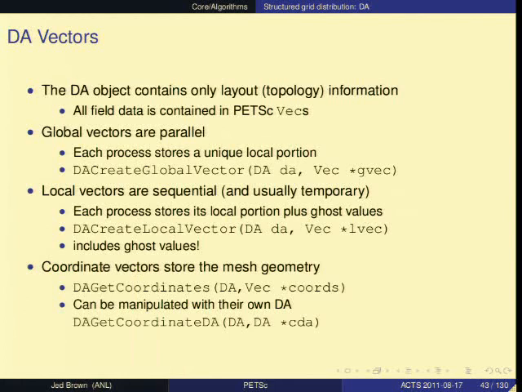So the DA really only contains this topological information and perhaps coordinates. It doesn't really have a discretization in it. And so it's just to manage the communication for you. You by no means have to use the DA, but if you have a structured grid problem, it's very convenient for simple examples.